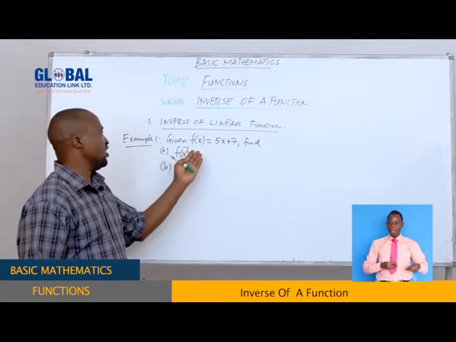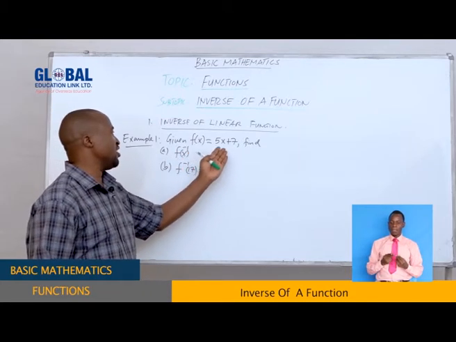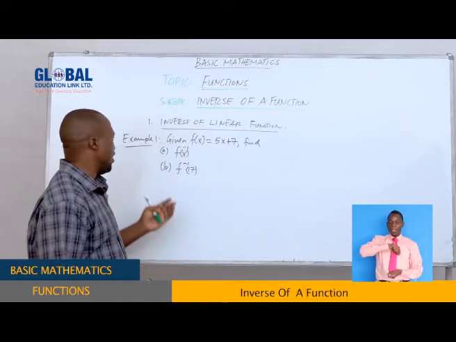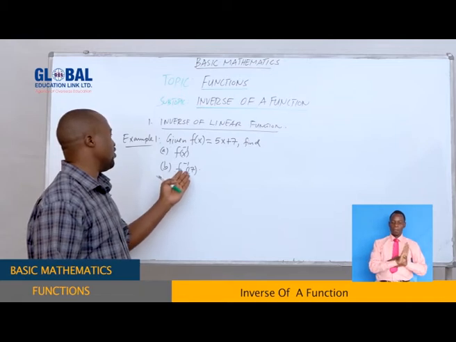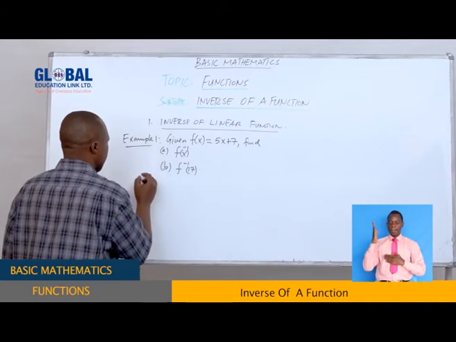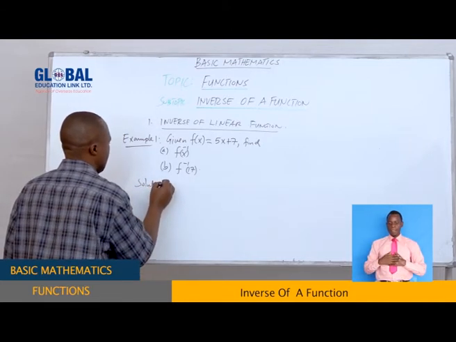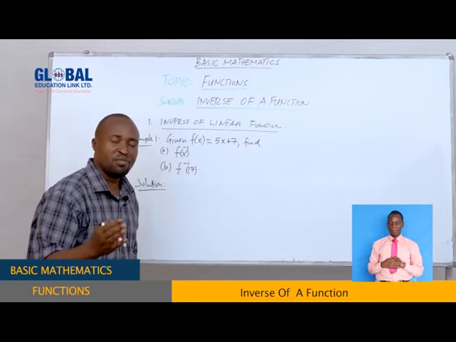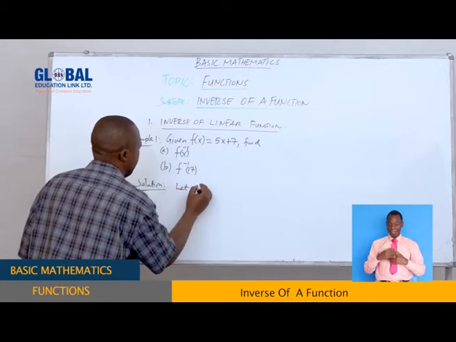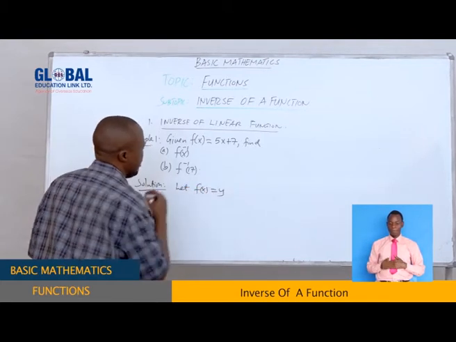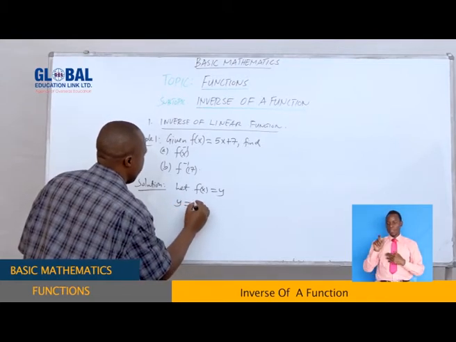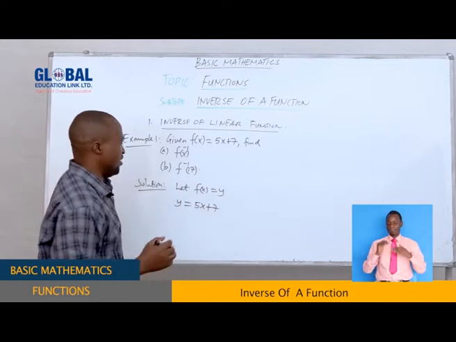We have given the function f of x is equal to 5x plus 7. Then find f of x inverse and f inverse of 17. So solution, I'm sure you remember all the steps. That is, let f of x be equal to y. In this case, y is equal to 5x plus 7.